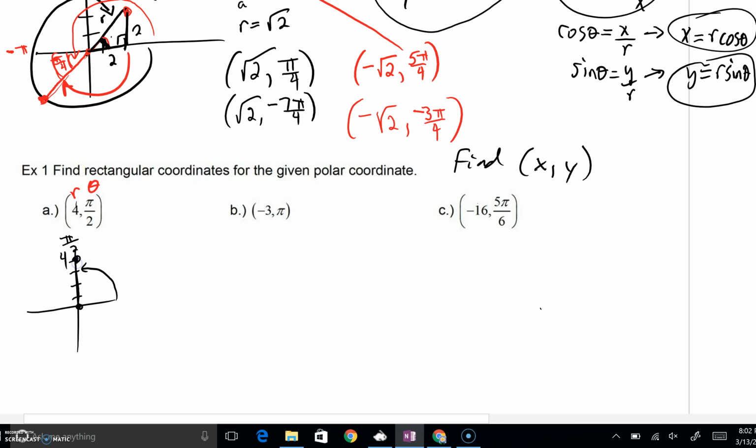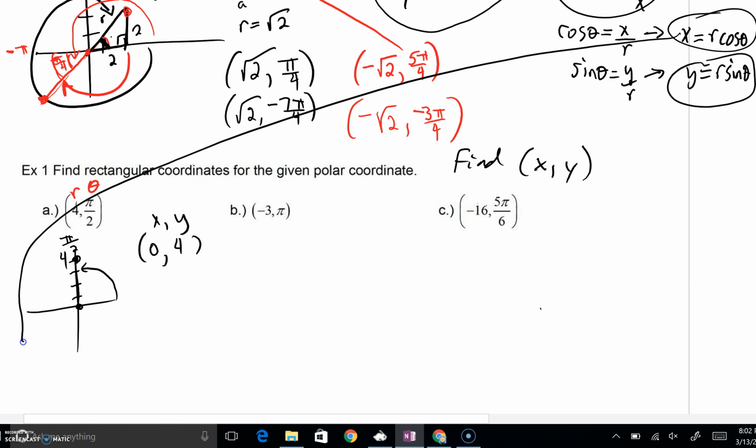You could say, well, I wonder what my x comma y would be. Your x comma y, you could see just visually that we're not moving right or left any, but we're moving up 4.